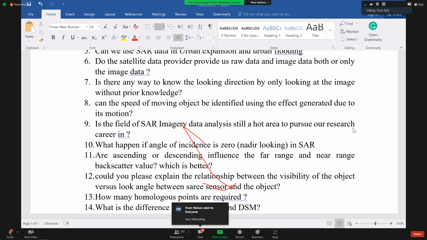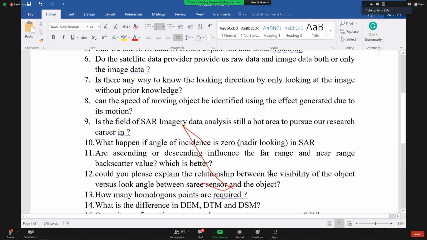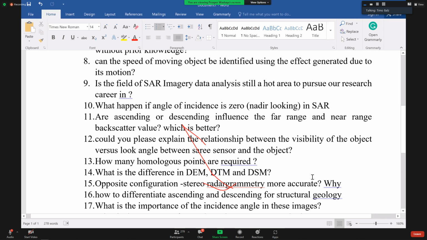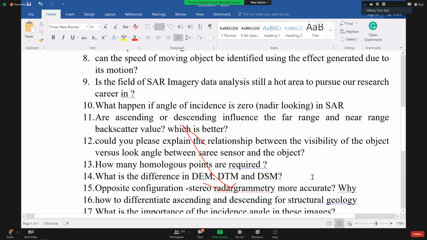What is the difference of DEM, DTM, and DSM? That's a very good one. Okay. And I have 1 minute left, and that 1 minute is enough to explain that. So the digital elevation model, that is the general term.